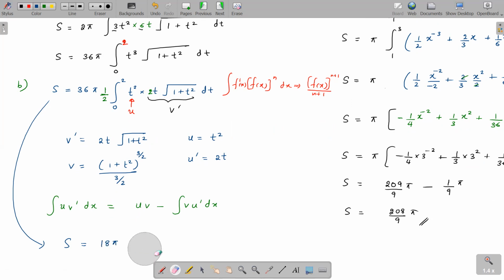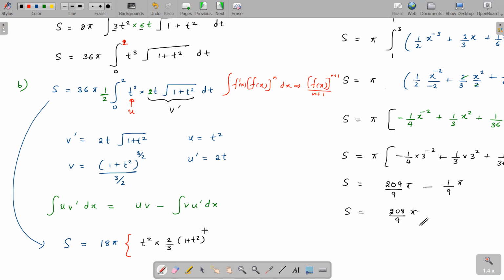And I'm going to integrate by using integration by parts. Input the values of u and v dash I selected, and I have written my u dash, v. So input uv. Who is u and v? T square is u, v can be fixed, right? 2 over 3. Instead of writing 1 over 3 over 2, we can write 2 over 3.